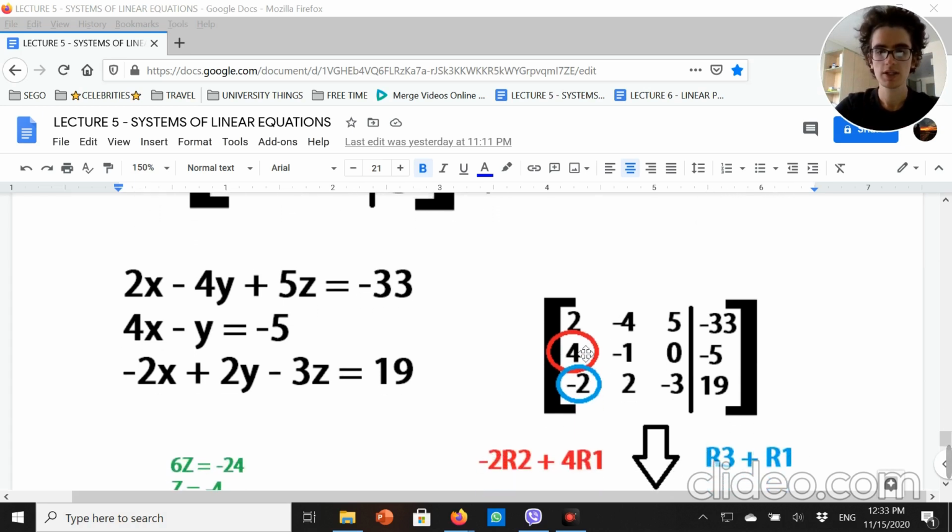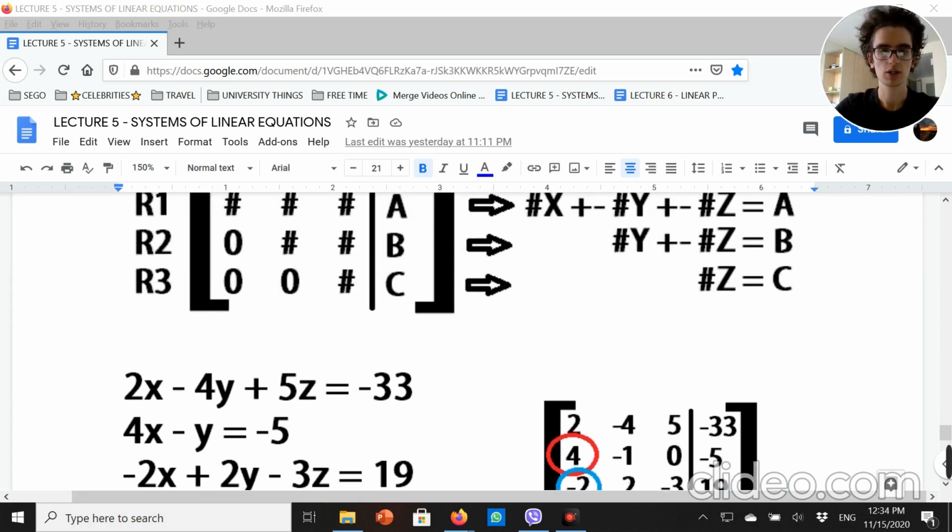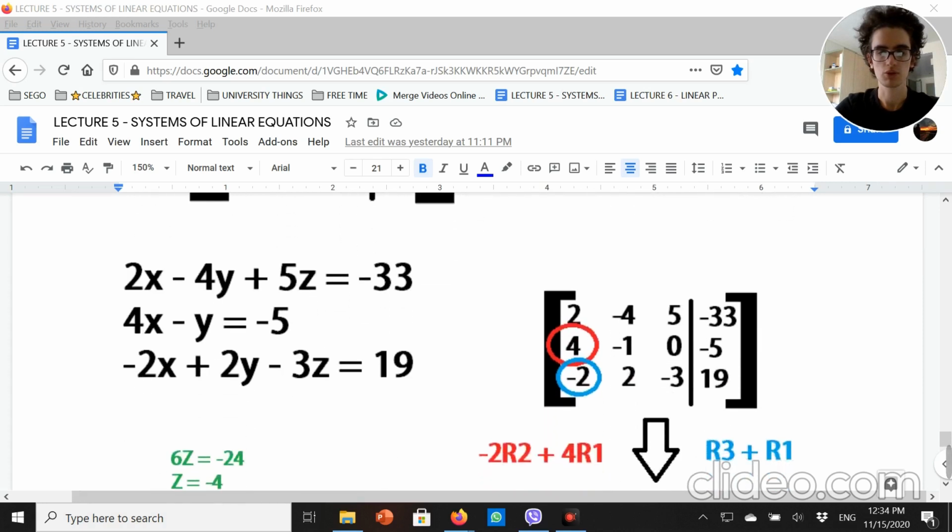Let's take a look at this 4 first. If you write negative 2 R2, and our R2 is the middle row, so negative 2 times R2 plus 4R1, what would we get? Let's check.